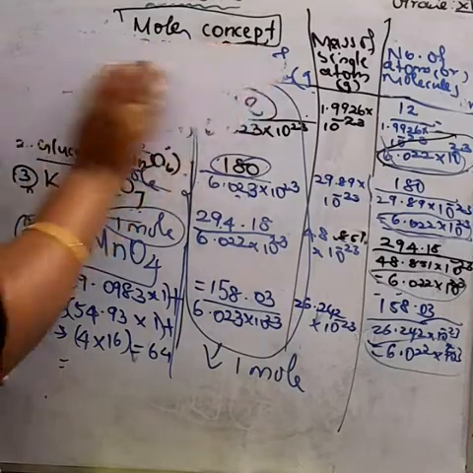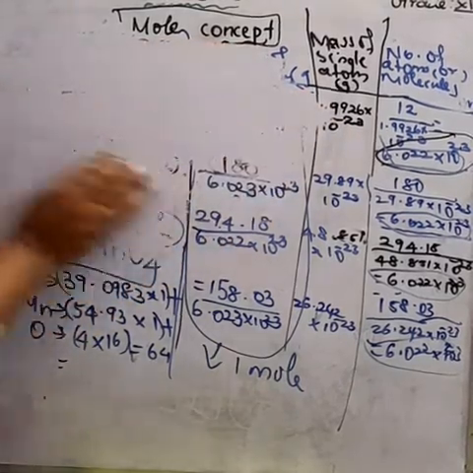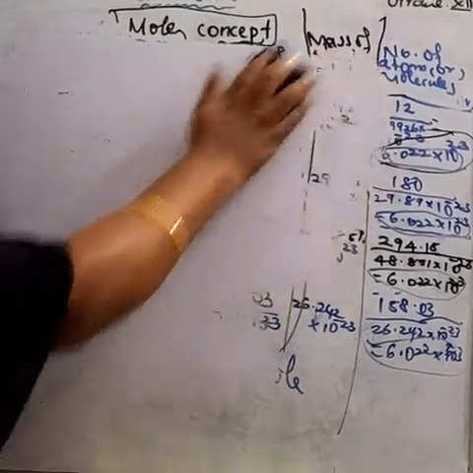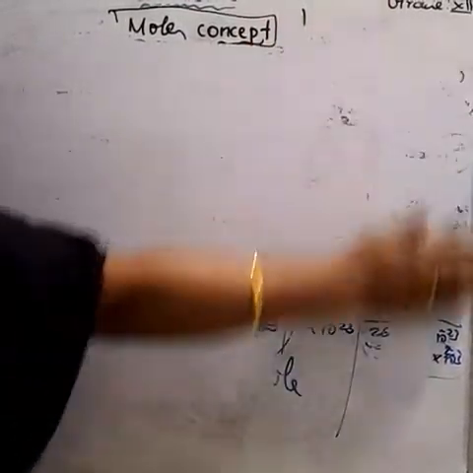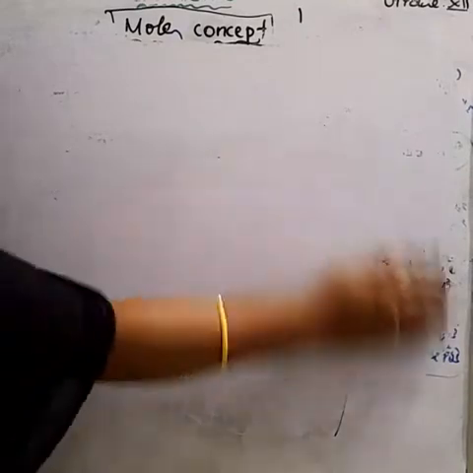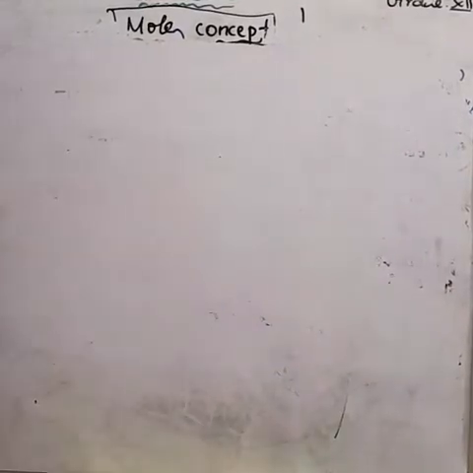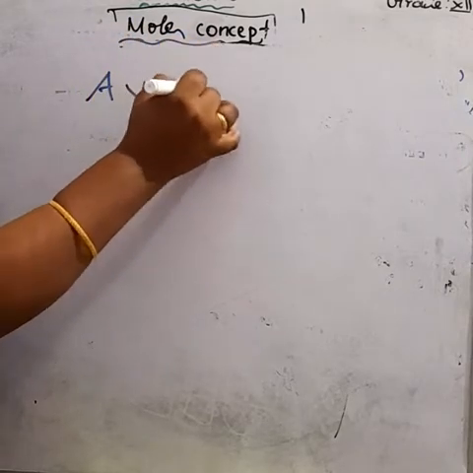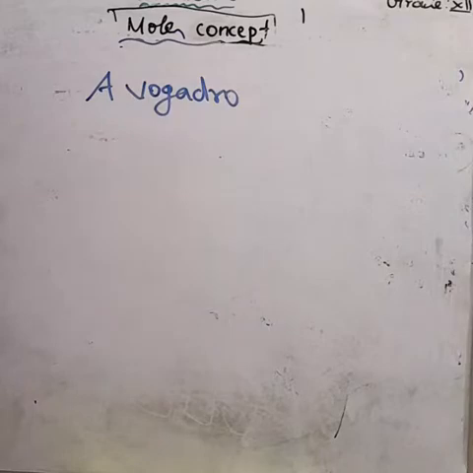Avogadro proposed this number, so for 1 mole it is 6.022 into 10 power 23. Because of this, we call it Avogadro's number, very, very important.